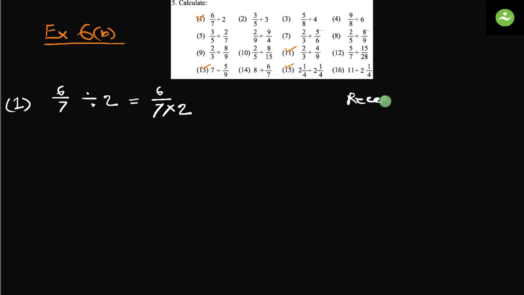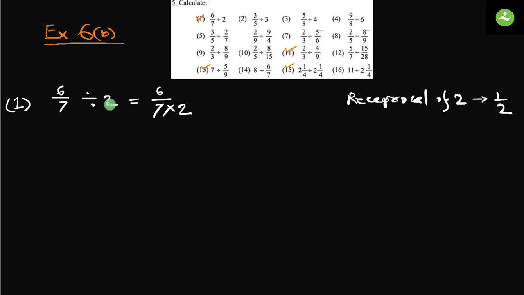Reciprocal of 2 is half. So we multiplied 6 over 7 by the reciprocal of 2. Reciprocal of 2 means half.